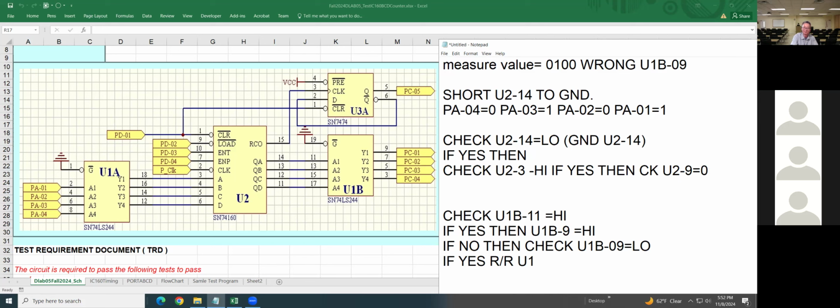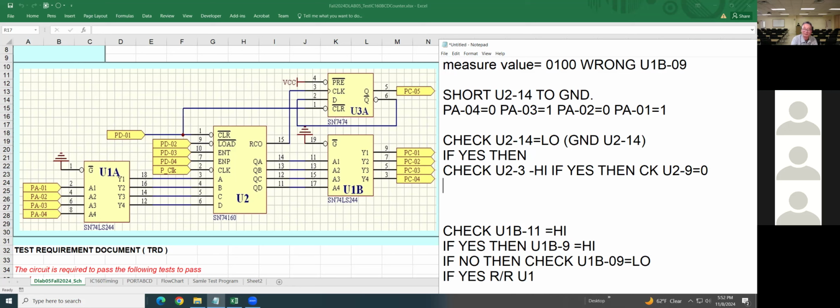Correct? Yep. Before you say the IC is not working, you have to prove the input requirements must be done. Now, pin 9, you want it to be 0, correct? What else?